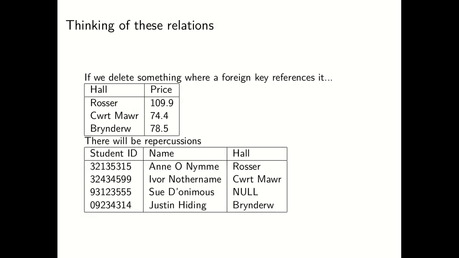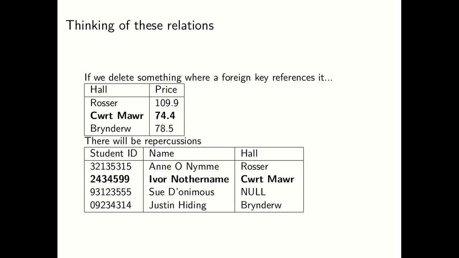So if we go back to our example, if we take something where there's a foreign key that references it, in this case Kurt Mauer here, and we want to delete that, there's obviously going to be an issue, and that issue is with Ivor, who is all of a sudden not going to have an entry in the hall.